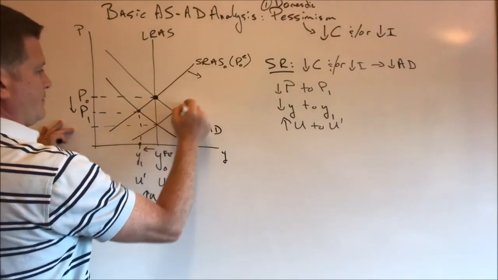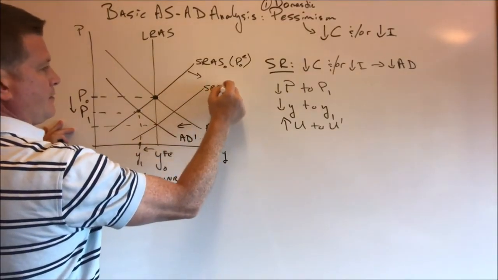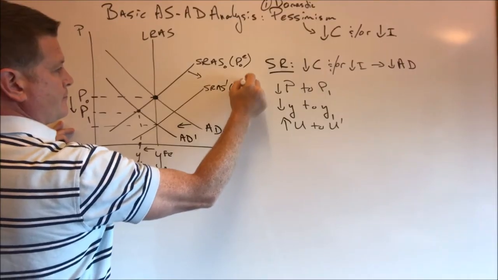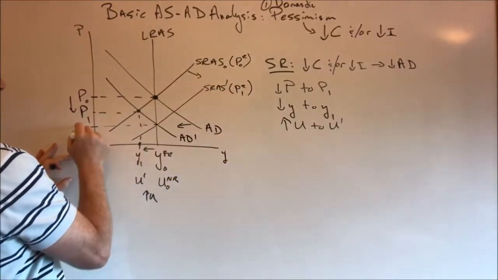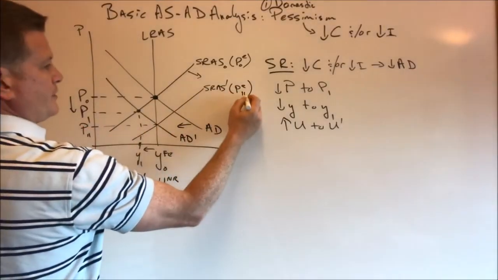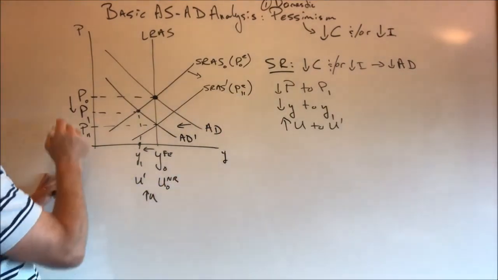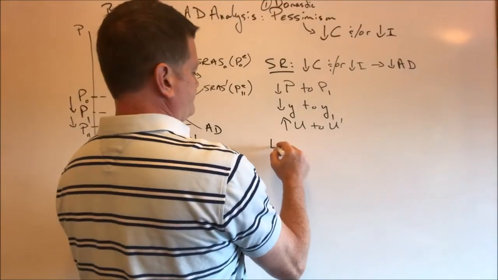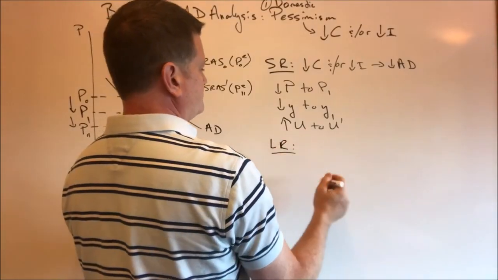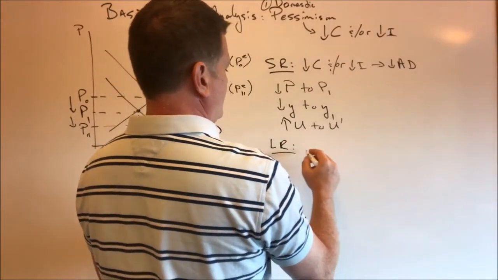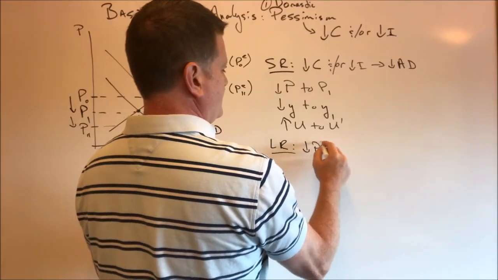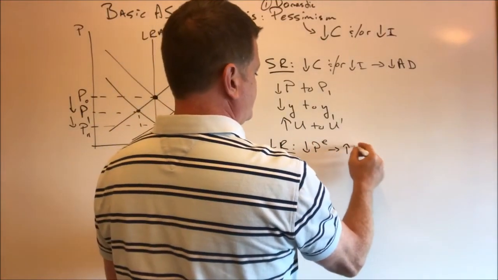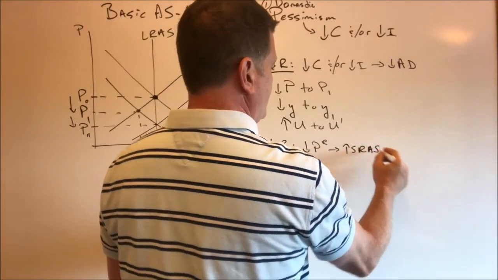So to get us to the long run, we see a decline in the expected price level, which increases the short-run aggregate supply.